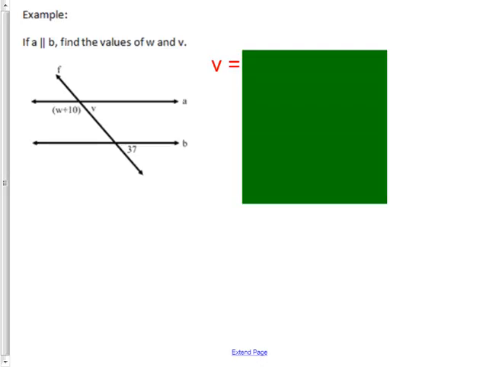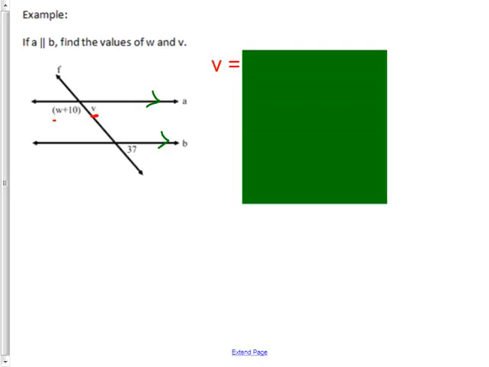All right, this one is our last example. If we know for sure that line A is parallel to line B, we need to find exactly what our values of V and W are going to be.